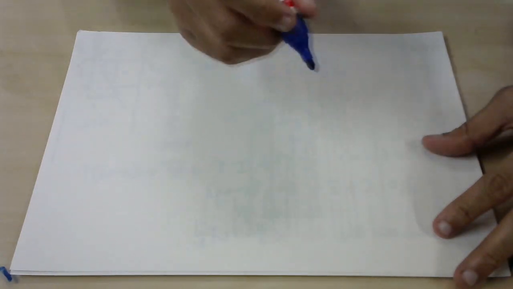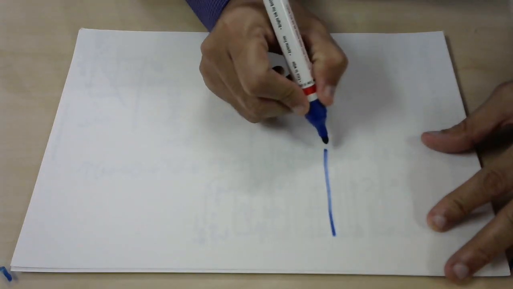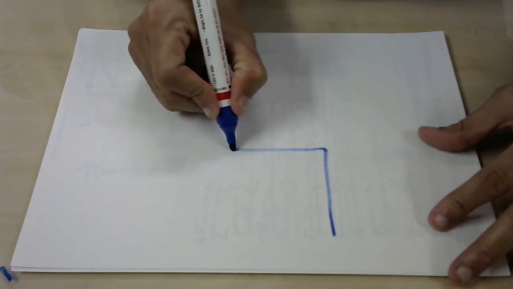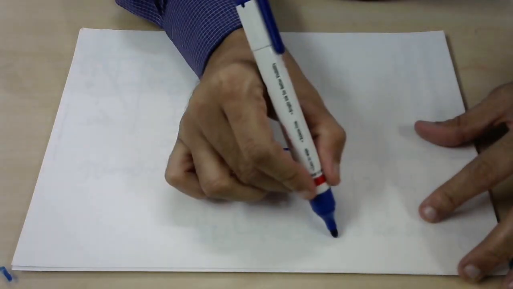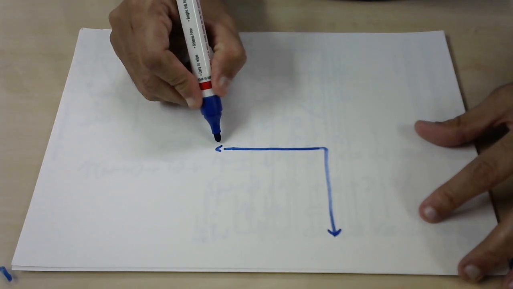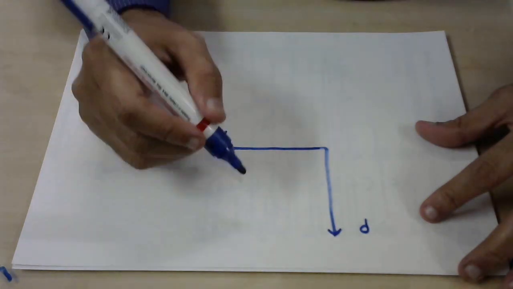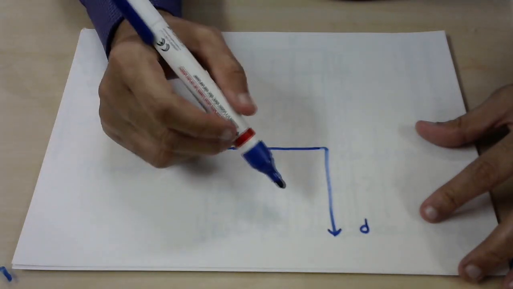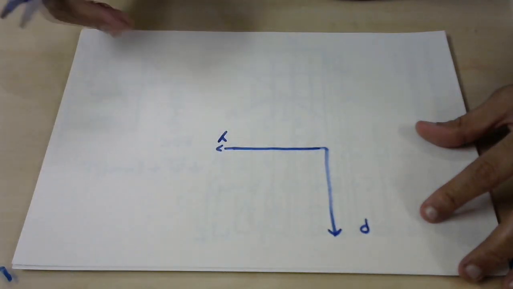Now if we try to draw the aggregate supply curve, the aggregate supply curve again is tracking the relationship between GDP on the x-axis and price level on the y-axis, GDP represented by Y and price level represented by P. The aggregate supply curve traces how price and GDP are related.